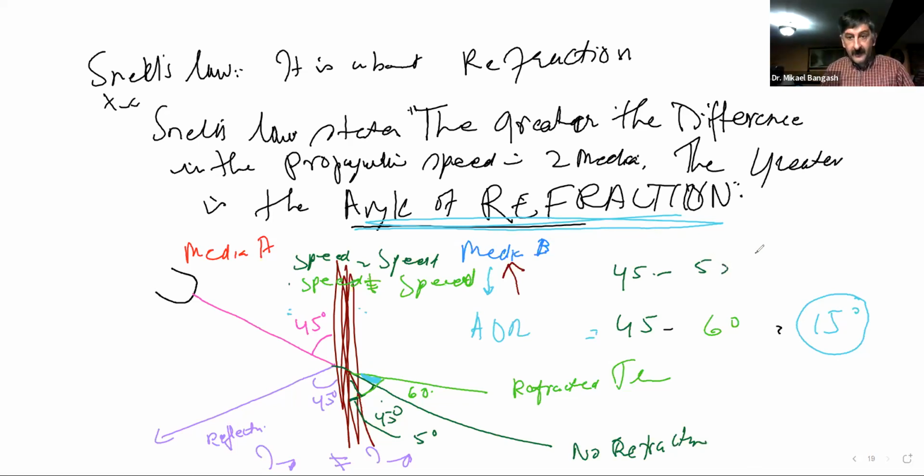So our angle of refraction in this case would have been 40 degrees. But that's when there is a great difference in the speed between the two media, that we will have a greater angle of refraction, which in this case was 40 degrees.